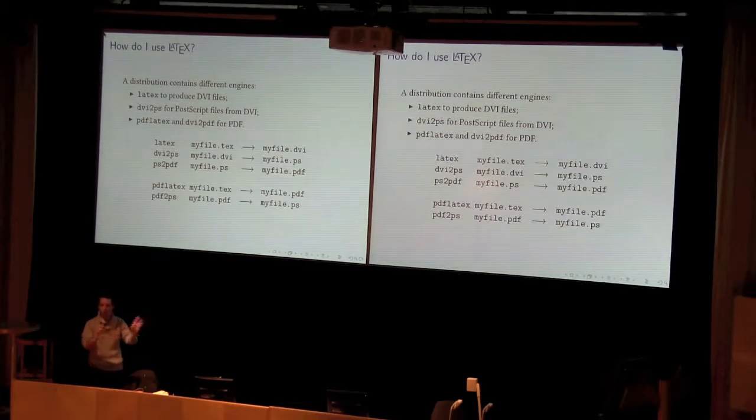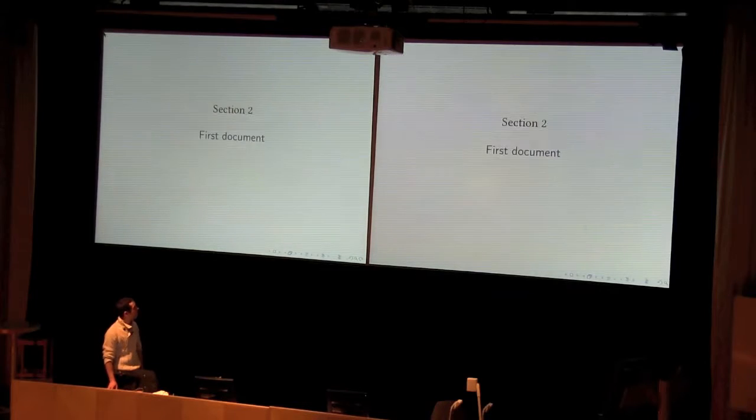You don't have to open a command line somewhere on your computer if you're not familiar with it. You just click on a button and all goes well. You then find your file in the working directory, the directory where you have the source file, the TeX file. Okay, everything's clear to this point?